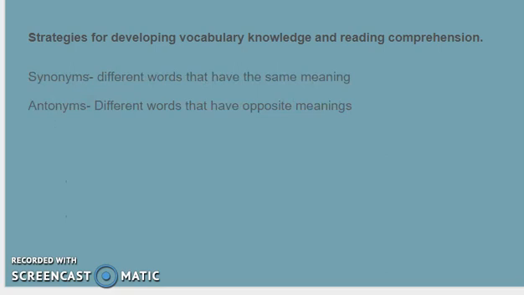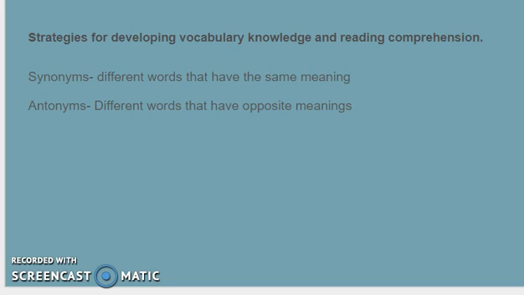So, some more strategies for developing vocabulary knowledge and reading comprehension. You'll need to know for the test what a synonym is and what an antonym is. A synonym is a word that means the same thing as another word, and an antonym is a word that means the opposite of another word.